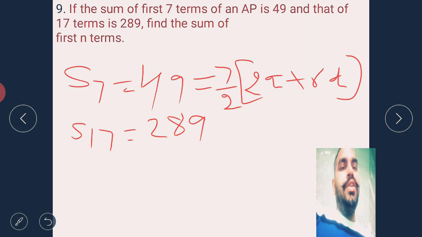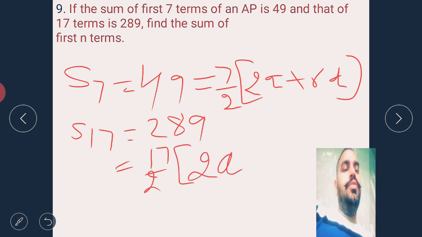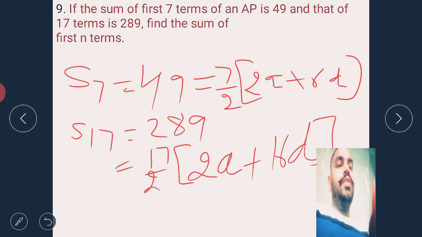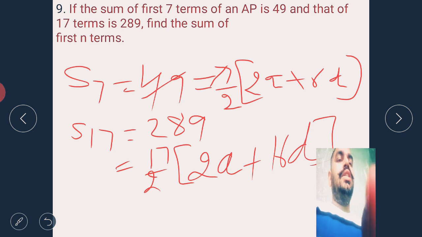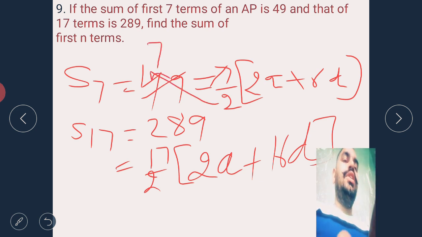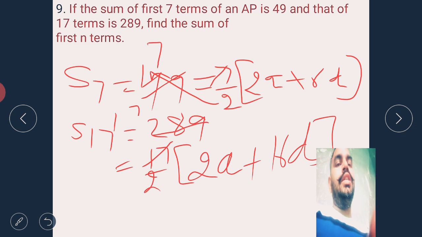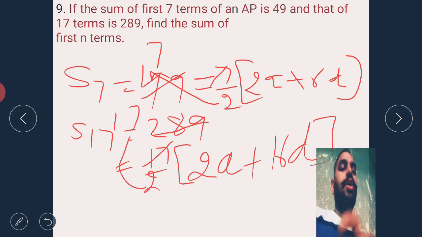This S17 can be written as 17 by 2 into 2a plus 16d. Got it or not? And then 7 cancels out with 49, that's 7, and then 2 is multiplied with 7, that is 14, and 17 cancels out with 289, then 17, and 2 is multiplied with this.